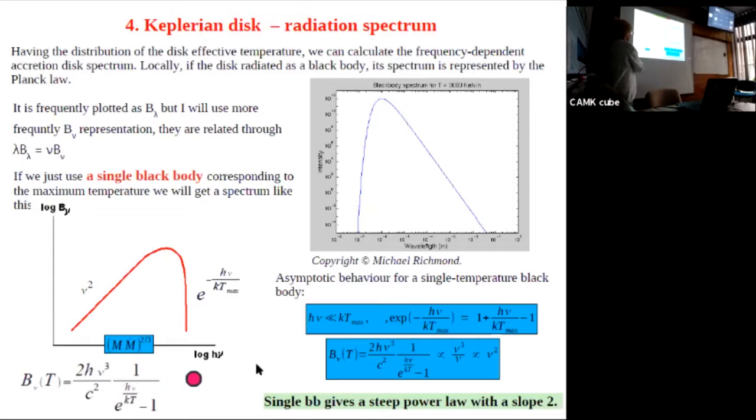And then you have nu cubed here divided by nu, and you get nu squared. So then this part asymptotically behaves as nu squared. So it's quite a steep power law, and then there is this exponential cutoff related to the maximum temperature.